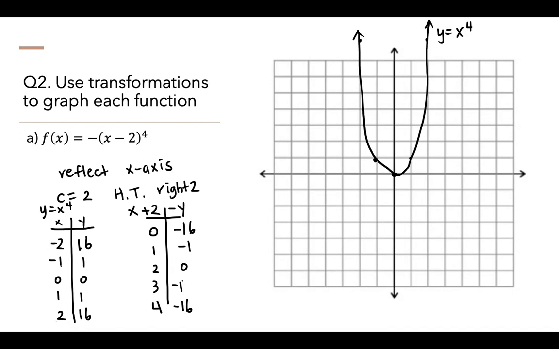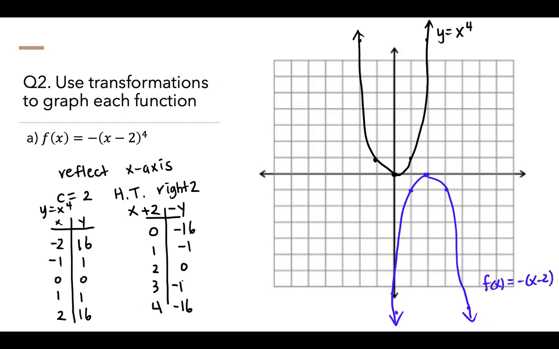Now we are going to plot the points. So 0, negative 16, so it's right at the bottom. 1, negative 1, 2, 0, 3, negative 1, and 4, negative 16. And this is my transformed function.